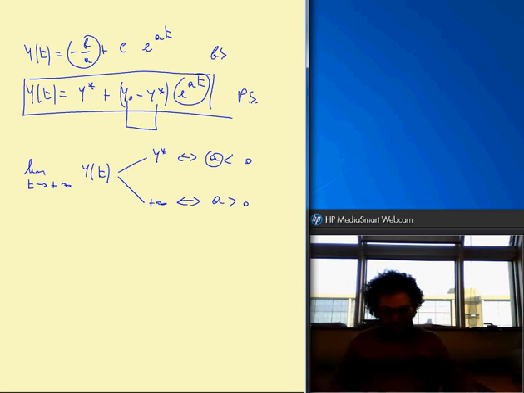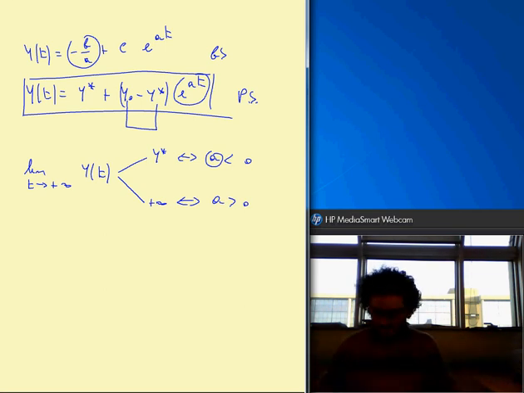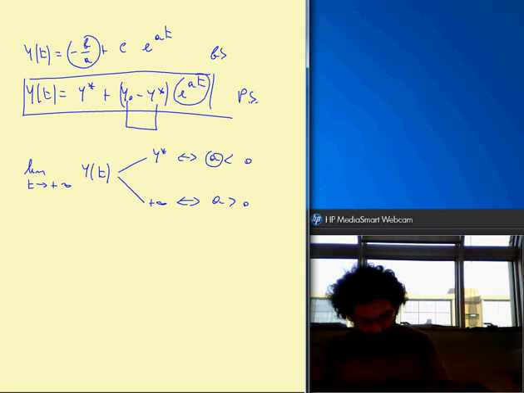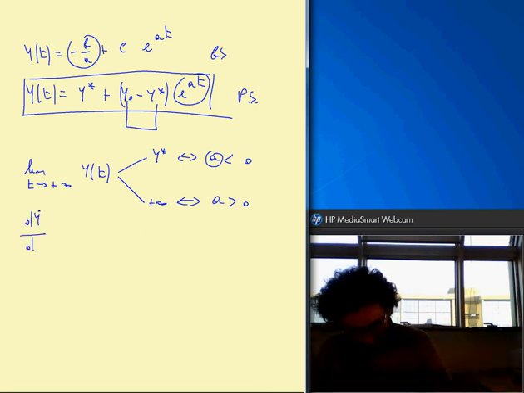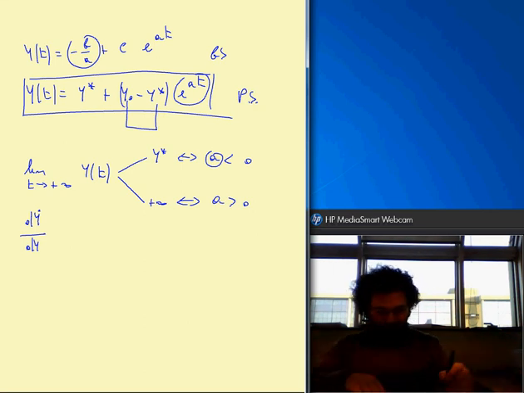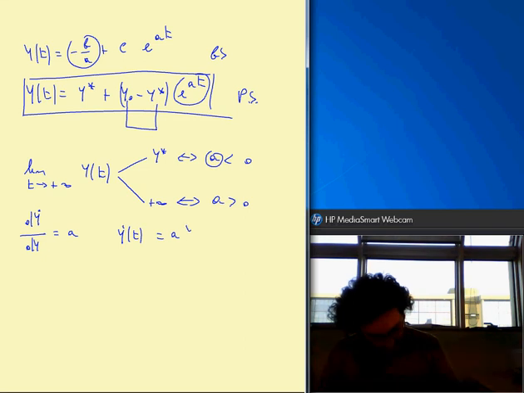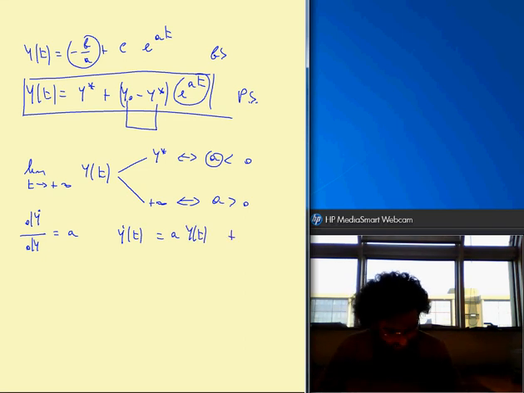We can see this also by computing the derivative of y dot with respect to y in our initial differential equation. This is equal to a, because the differential equation was y dot of t equal to a y of t plus b.